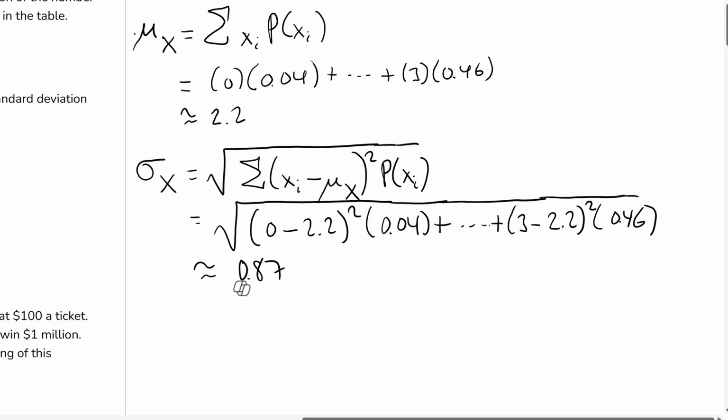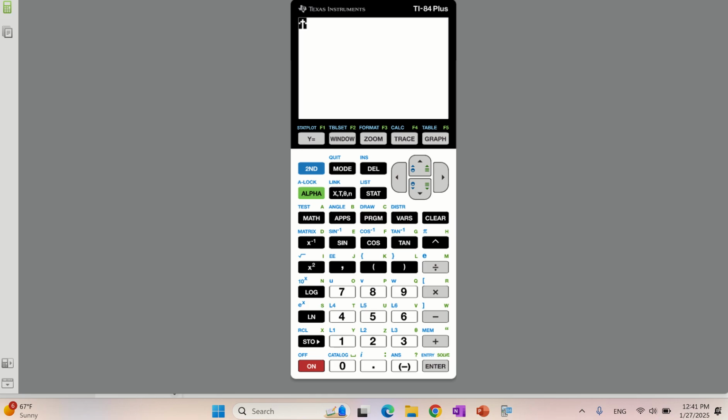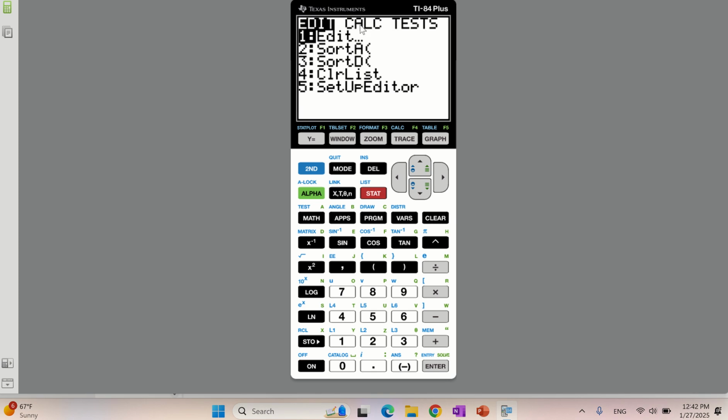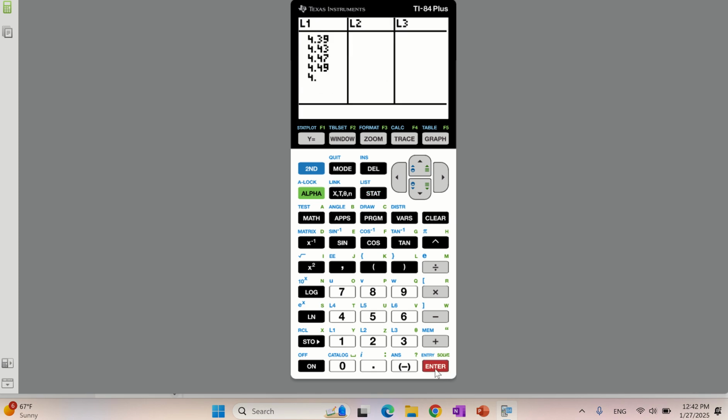Let's do this on the calculator. Okay, so I got the calculator out and we can go ahead and plug in the values. First you're going to need to go to stat, and then edit, and I'm going to delete all these values because I don't need any of them. All right, the first list is going to be x.